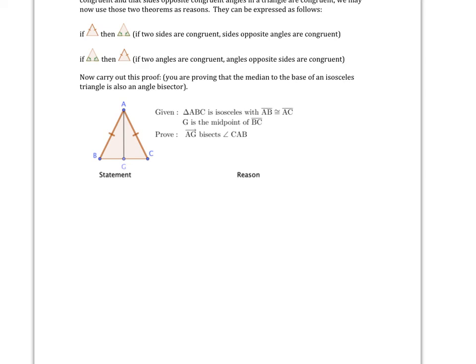And then as our last thing, we want to show that, given triangle ABC is isosceles with AB congruent to AC, so BC is the base and G is the midpoint, which means these two sides would be congruent, that AG bisects angle CAB. Okay, so we have that ABC is isosceles with AB congruent to AC, and that's a given.